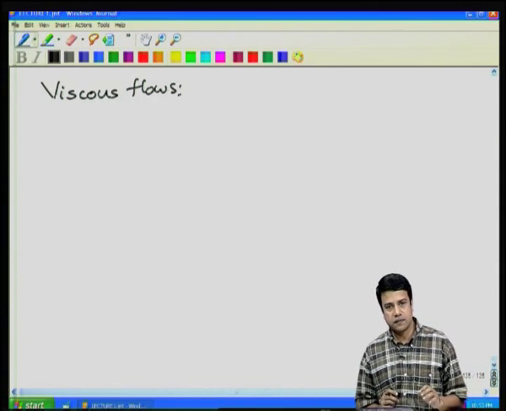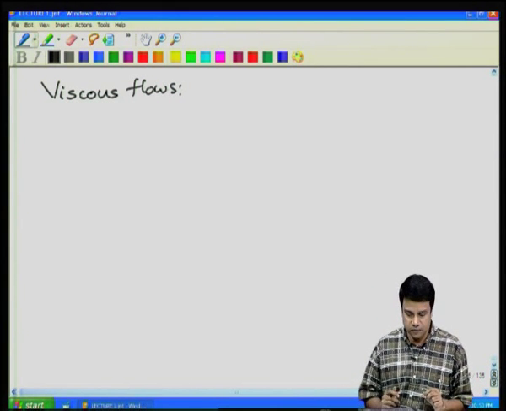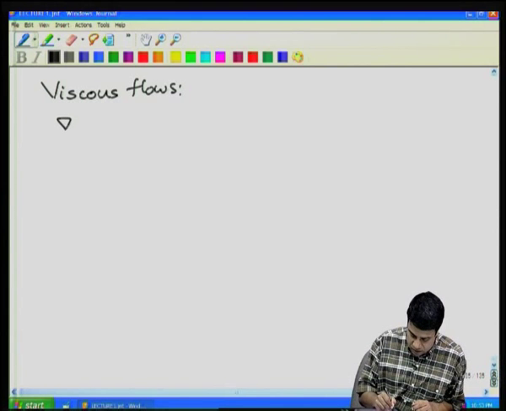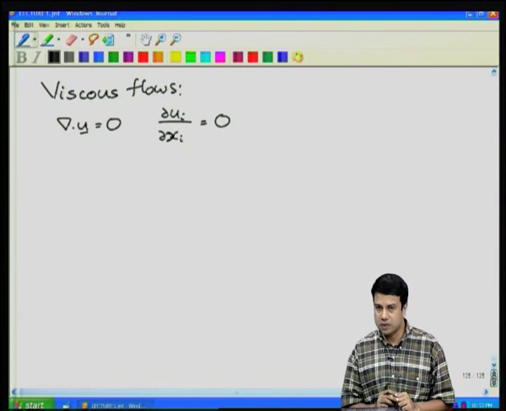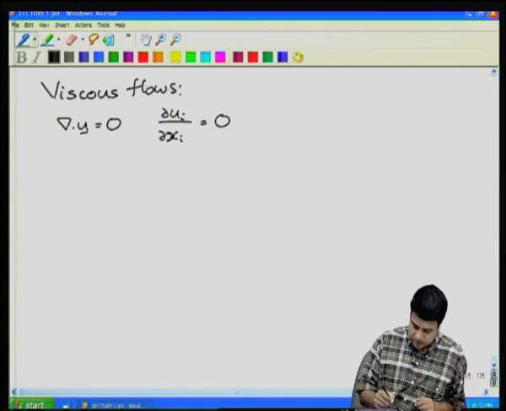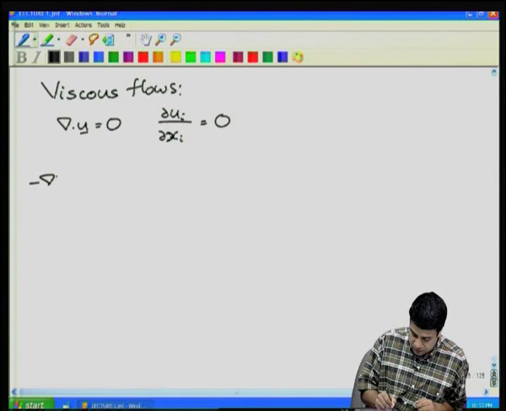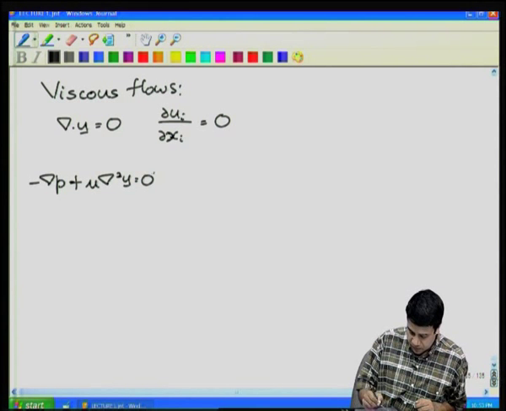And I had shown you that for these flows, the conservation equations are the mass conservation equation, the divergence of velocity is equal to 0, and the momentum conservation equation without the inertial terms. So, the divergence of the total stress is equal to 0, or minus partial p by partial xi.